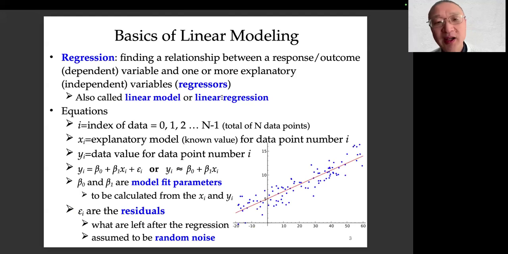So let's briefly review the modeling, the regression model more specifically. Regression model is a statistical modeling technique. It was started about 140 years ago by Charles Darwin's cousin, Francis Galton. He was interested in the relationship between the children's body height and the parents' body height.